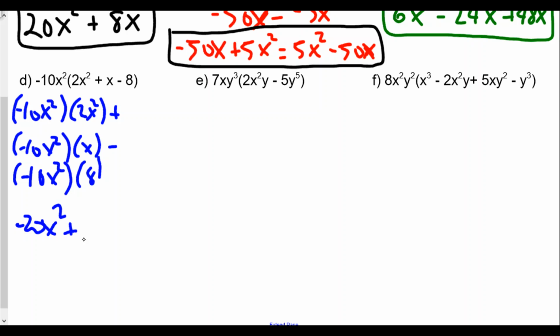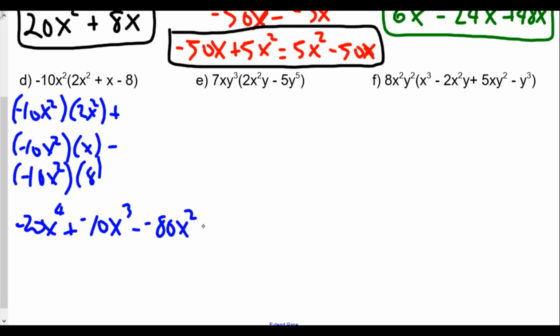Oh, I'm sorry, the exponent for the first one should be 4. I made a mistake. So it should be negative 20x to the fourth, plus negative 10x to the third, minus, and here negative 10x squared times 8 is minus 80x squared.